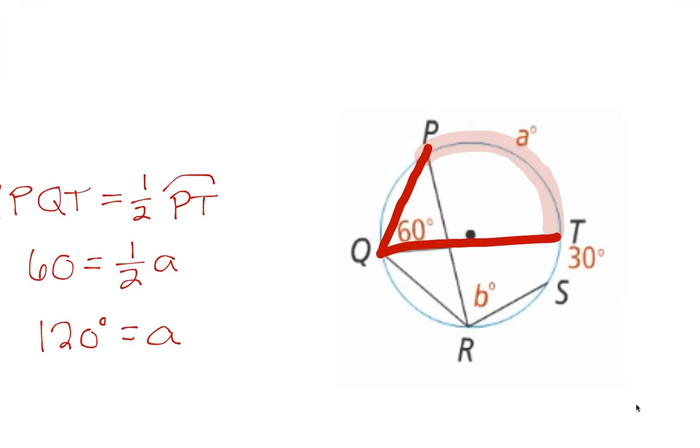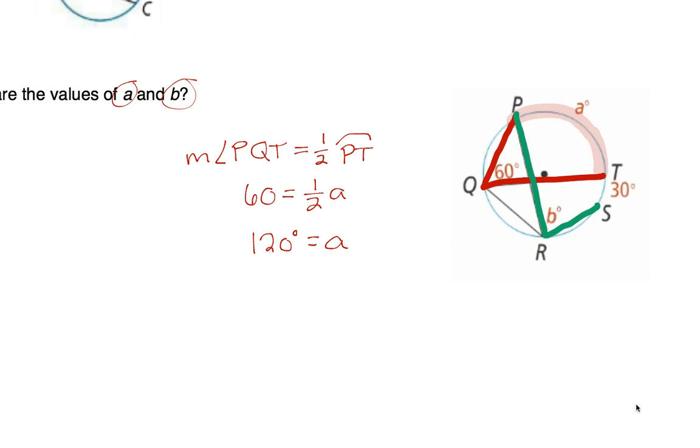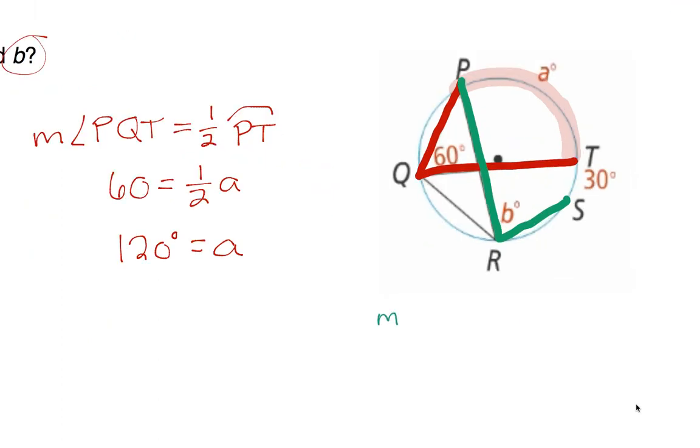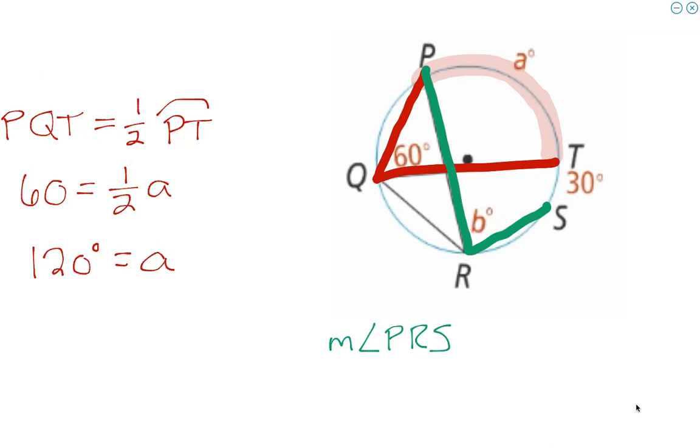If we're looking at B now, B is the inscribed angle PRS. So the measure of angle PRS equals 1/2 of arc PS. PS is different than arc PT. PS goes a little bit further.